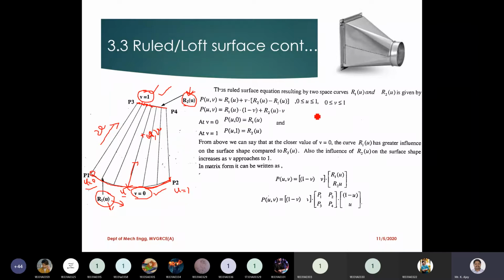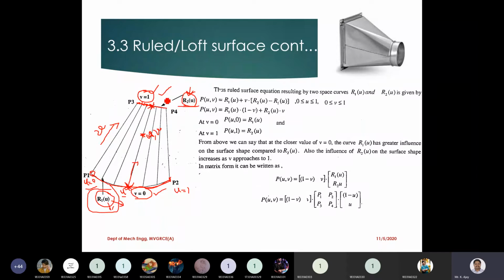So the parametric equation of this will become R1 of u. This point is nothing but R1 of u. This entire curve, in general, any point you can call R1 of u. Now this point on P4 minus P3 is represented with R2 of u, and similarly the corresponding point here is R1 of u.